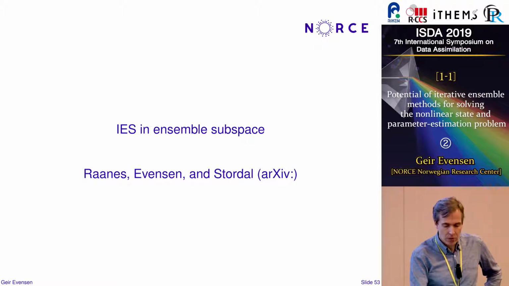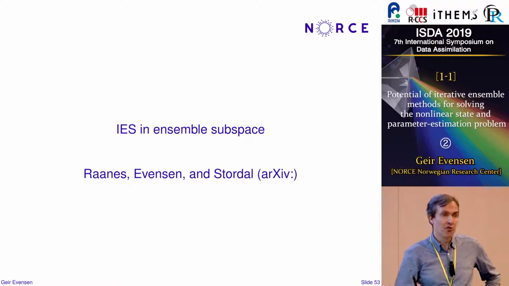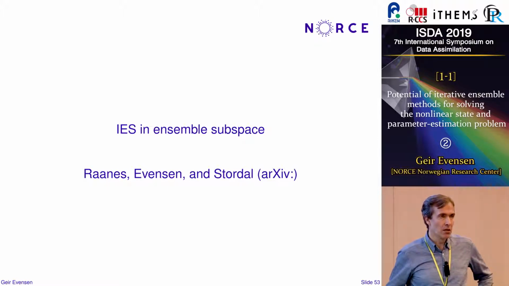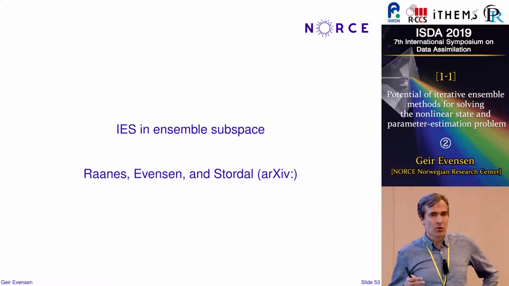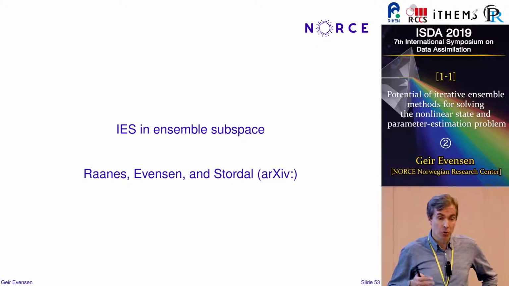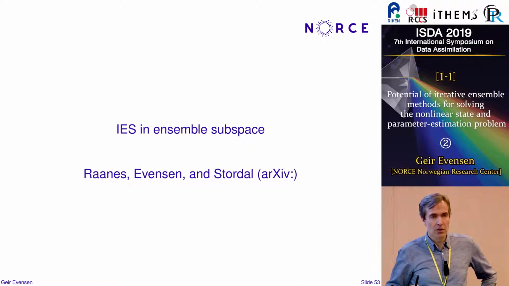The whole point with this paper is that the iterative ensemble smoother, the way it has been used in reservoir applications, is solving everything in the state space. And that leads to really complex pseudo-inversions of huge matrices, the size of the state dimension. And the methods are quite unstable numerically.